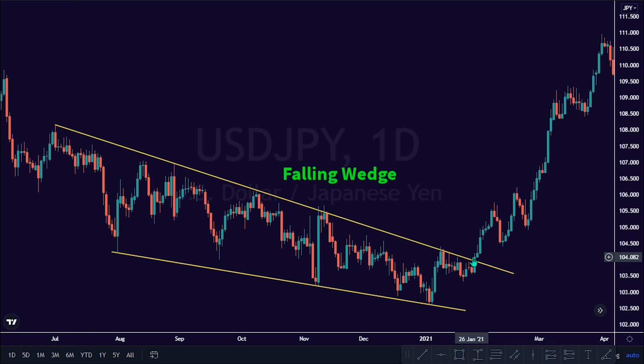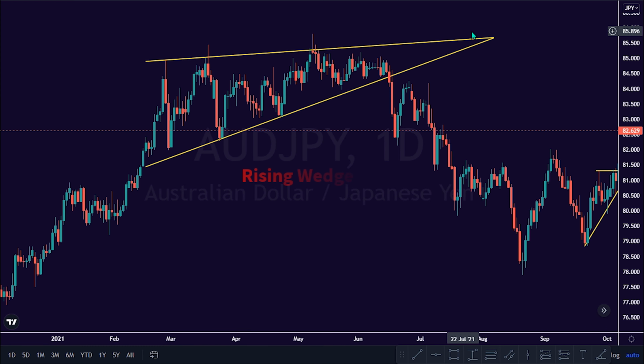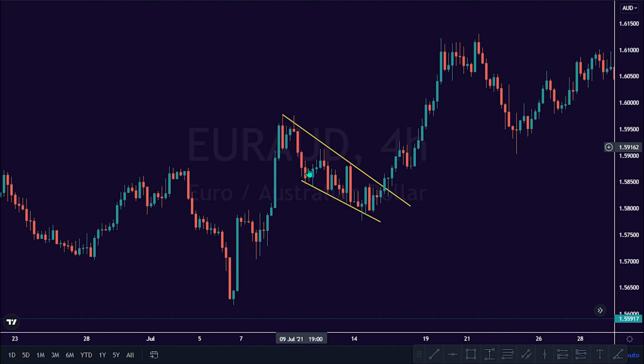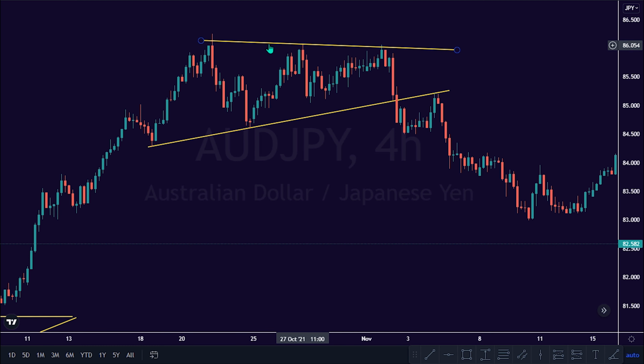The falling wedge technically forecasts a potential bullish interest, while the rising wedge technically forecasts a potential bearish interest. The wedge long-term pattern can be implemented for continuation or as a reversal trading strategy in the market.